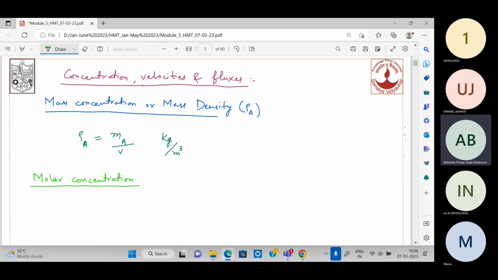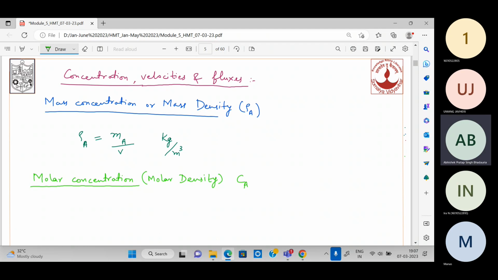So how can we define this molar concentration? The number of moles of the species A per unit volume of the mixture. It is also known as molar density, generally denoted by the term Ca.